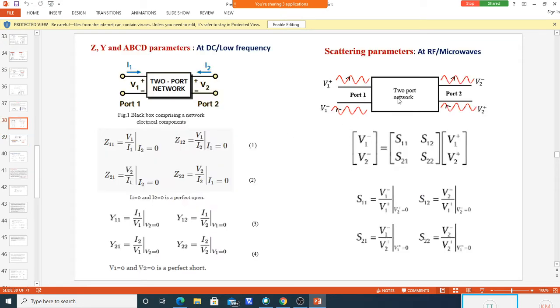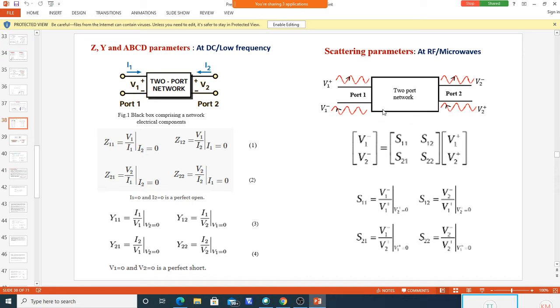For the analysis, the network must be a linear one. So we can make use of scattering parameters to analyze the properties of that network.